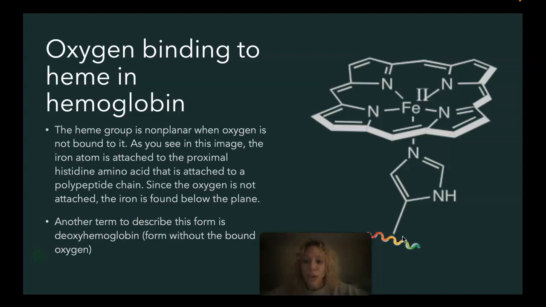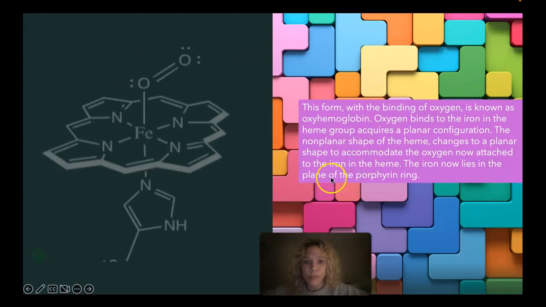Now, another term to describe this form is deoxyhemoglobin, a form without the bound oxygen. So moving forward, this form with the binding of oxygen, as you can see here in this image, you see that the oxygen is bound to the iron in the heme.